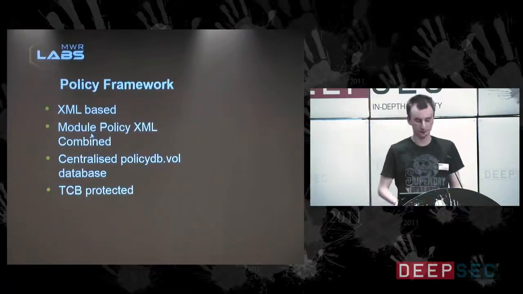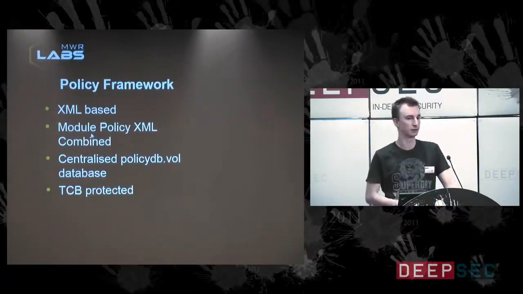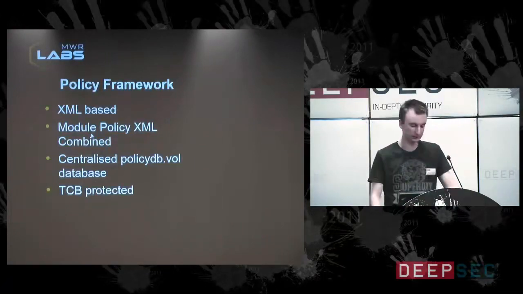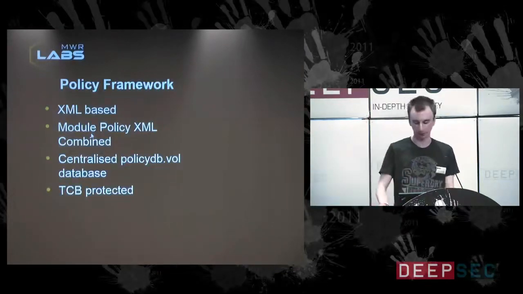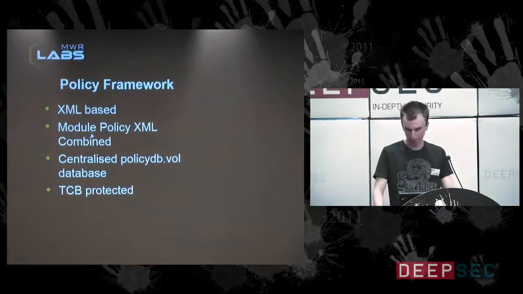This is, I assume, for fast lookups on the device, so it doesn't impact performance by performing all these authorization and authentication methods. And this, of course, is protected by the trusted computing base as well. So to compromise the security policy, you need to compromise the trusted computing base.